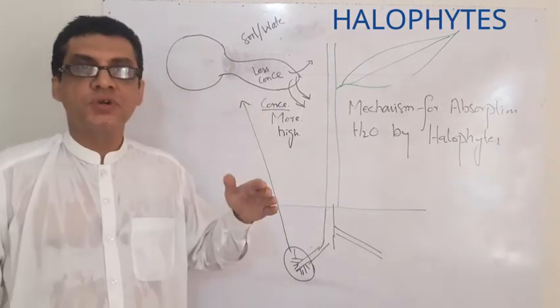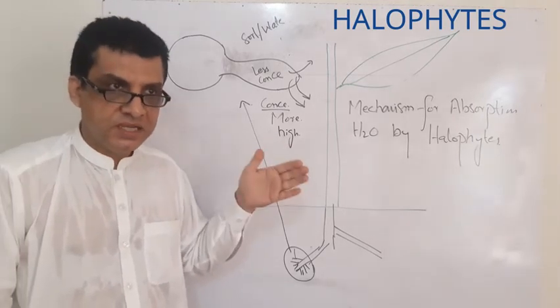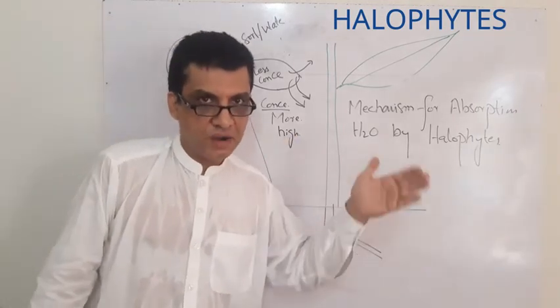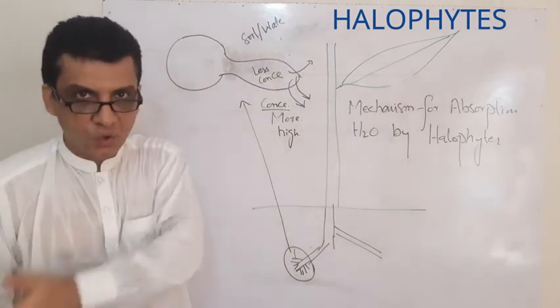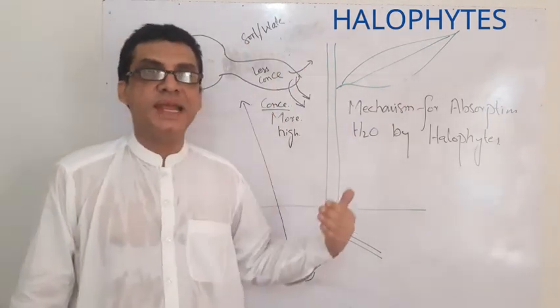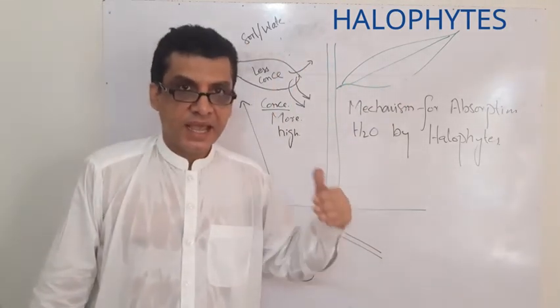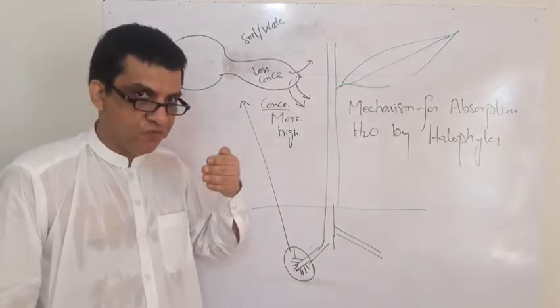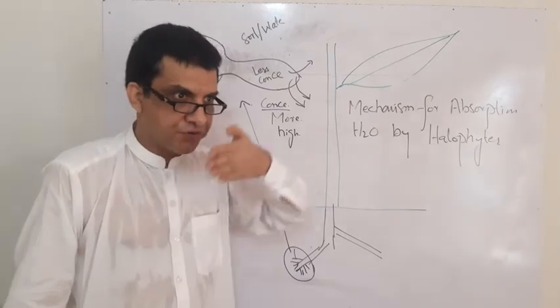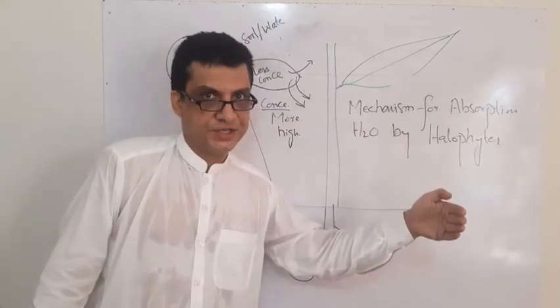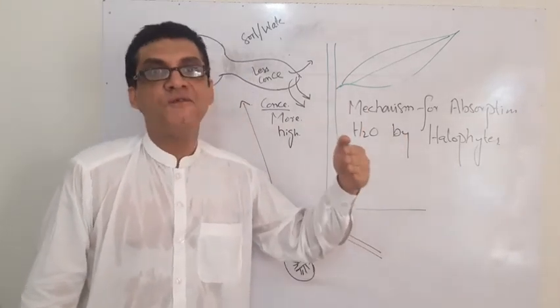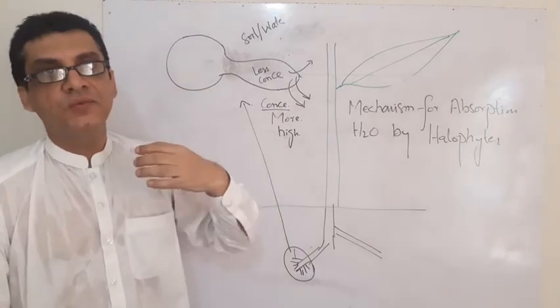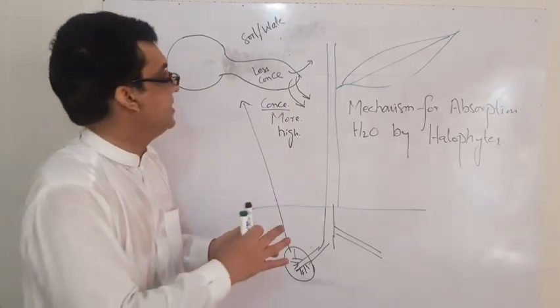Passive transport means the movement of molecules from high concentration toward lower concentration spontaneously. And active transport means the movement of molecules from low concentration toward high concentration with the help of energy, with the help of ATP.